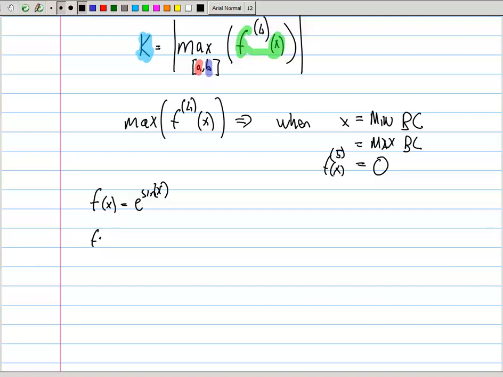That means that our f of x first prime is going to be equal to e to the sine x, chain rule it, cos x. Our f prime prime of x, we can look at this and first of all chain rule this, e to the sine x times cos x.